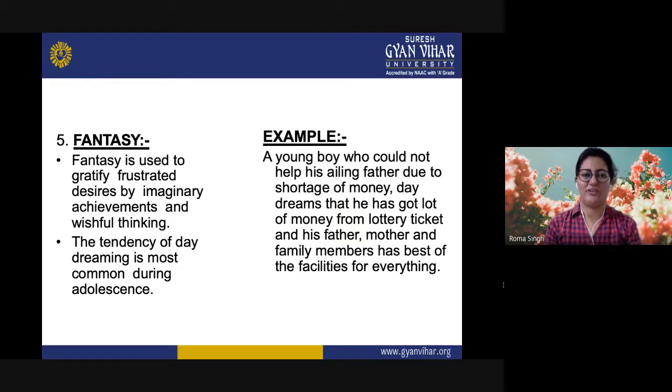Similarly, we are not able to buy a certain model of mobile phone, but we daydream that someday we will get the latest version of iPhone. This is how this kind of defense mechanism takes place.